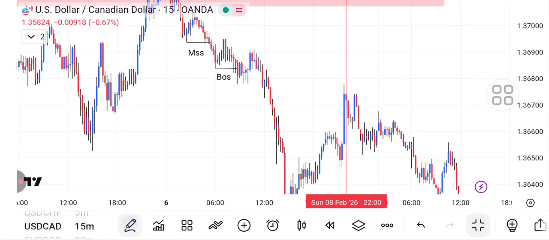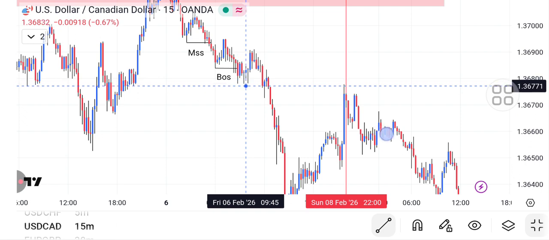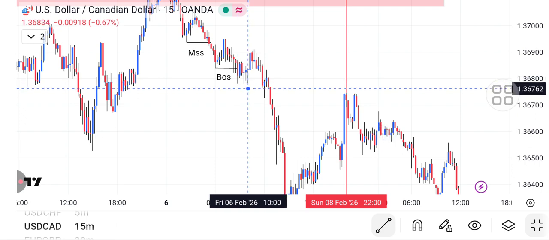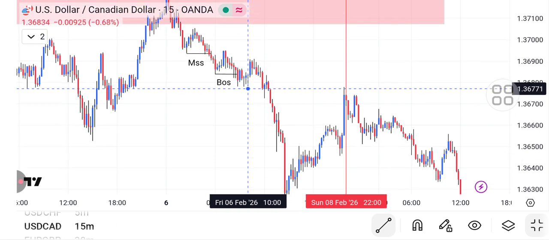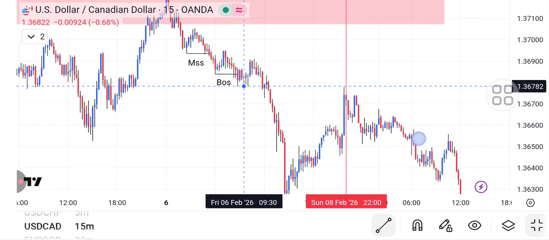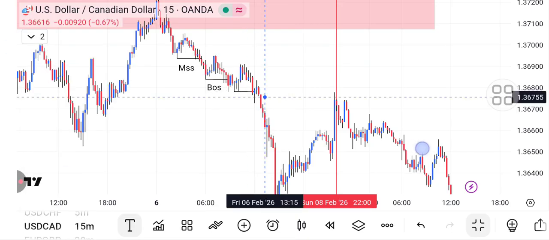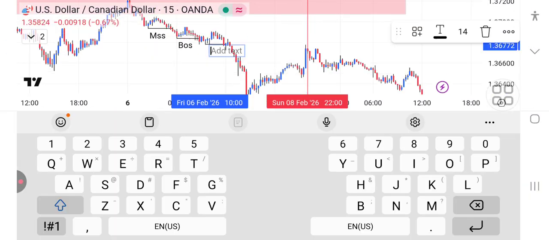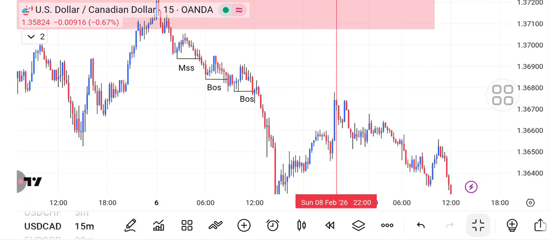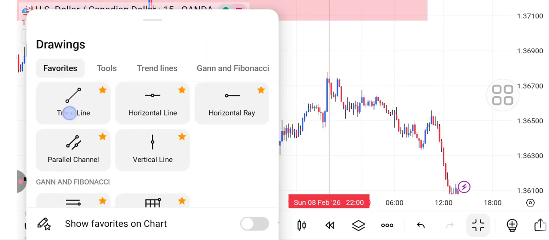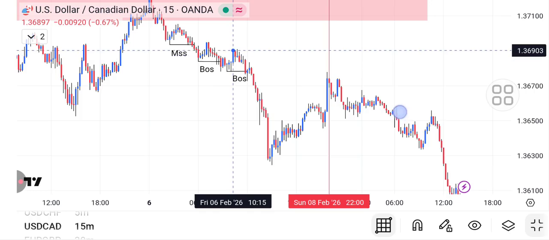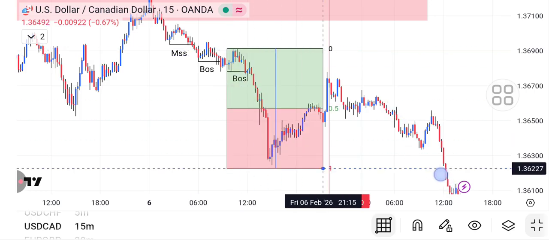So I wanted to trade a continuation because market had already hit my point of interest. So having this small breakout structure helped me to find where I could enter from. So what I did today, I marked from this swing high right here to the swing low right here.